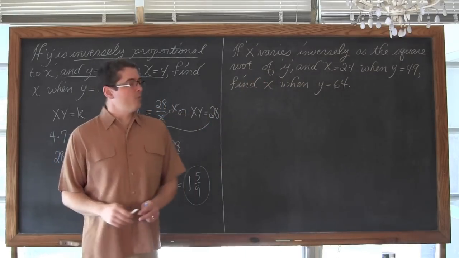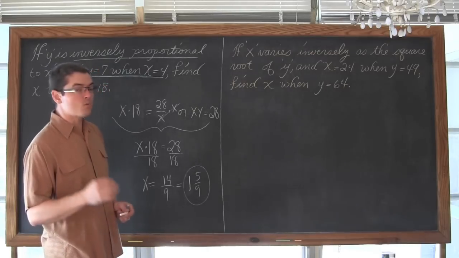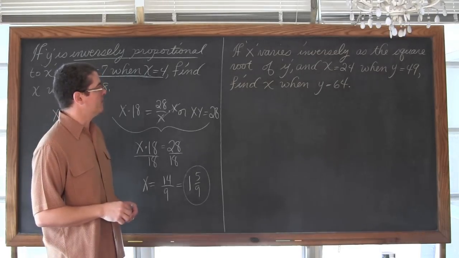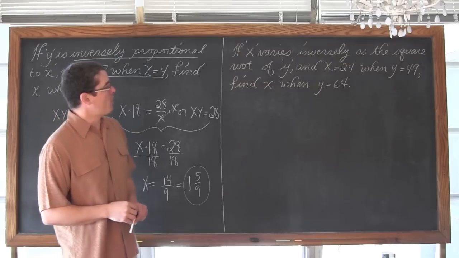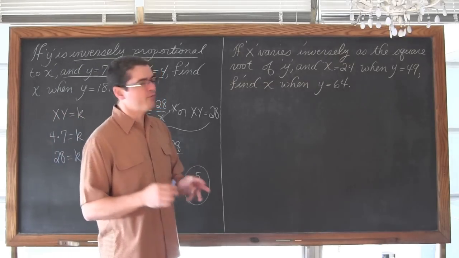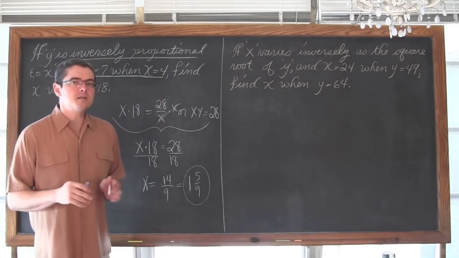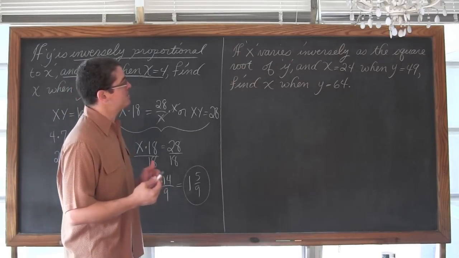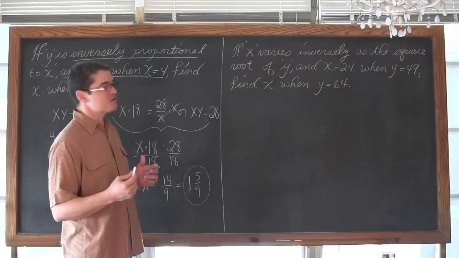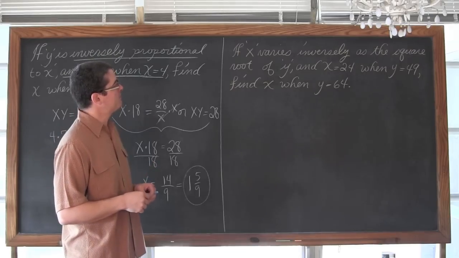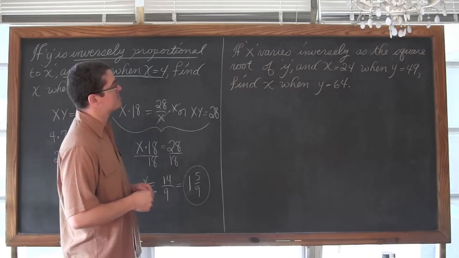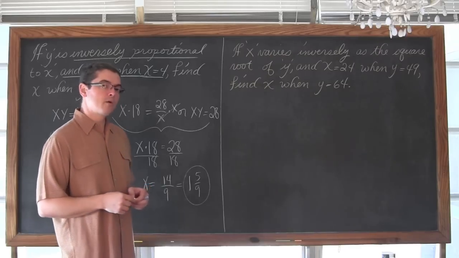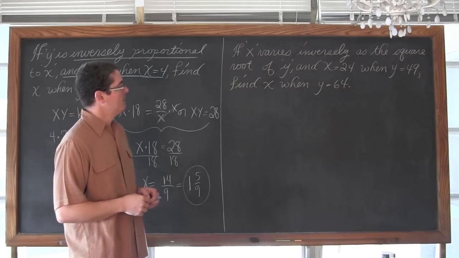On our second example, we have y varies inversely as the square root of y. So a little bit more complicated here. Before we even worry about the numbers, let's get the format written out. X varies inversely as the square root of y.